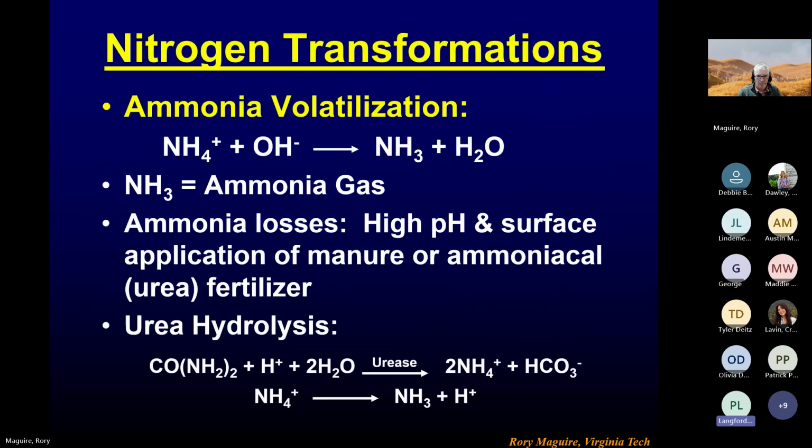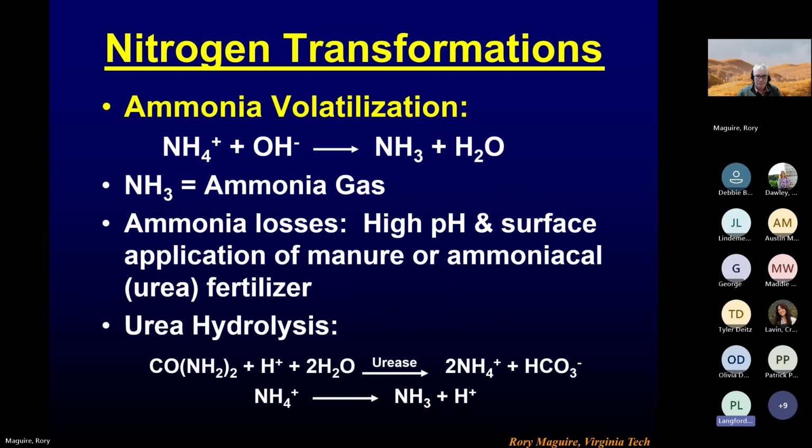And so we'll go a little bit more in depth with that. So we see ammonia volatilization, which is ammonium and hydroxyl going back into ammonia and water. That NH3 is ammonia gas. And we see ammonia losses when there's a high pH and surface application of manure or ammoniacal or urea fertilizer.